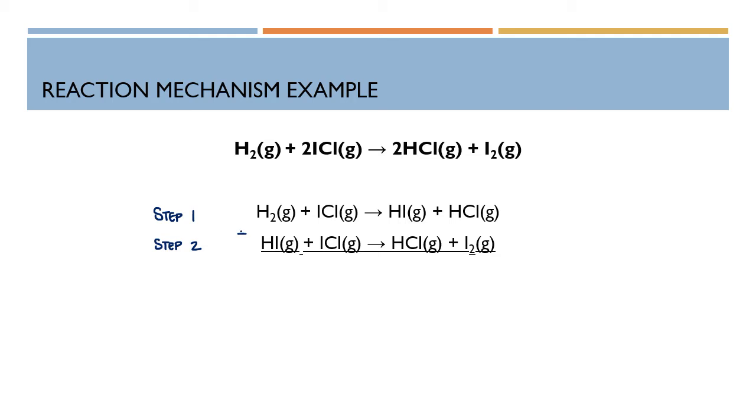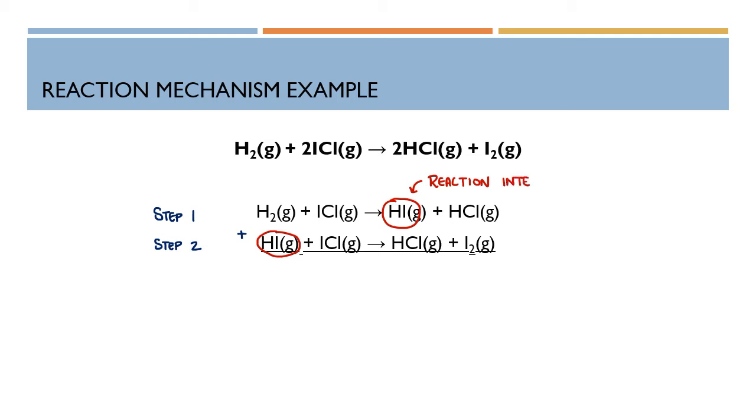If we take these two reactions and add them together, it will allow us to cancel out items that are on both sides, both reactants and products. One of the items that's on both sides is this hydrogen iodide. You'll see that it's formed in step one, but it's used immediately in step two. This is called a reaction intermediate.